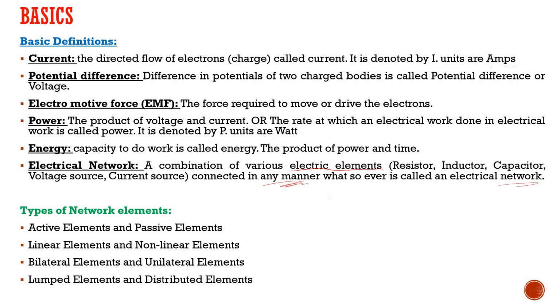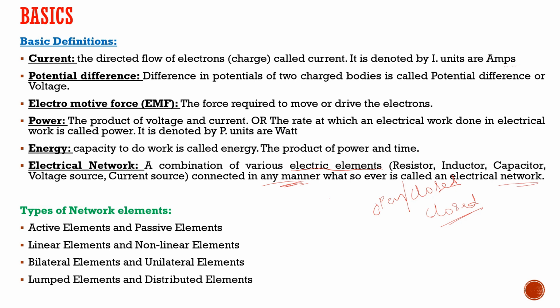Circuit is also more or less the same, but a circuit will have a closed path. There is no such condition for the electric network, so an electric network can be open or closed. So this is the difference between network and circuit.